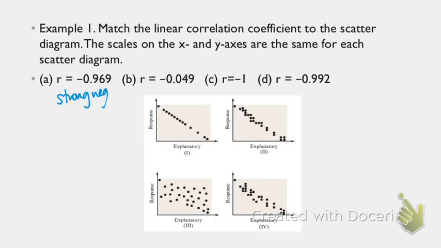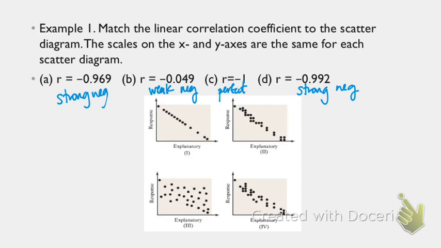B would be weak negative. C is perfect. And then D is strong negative. And is it stronger or less strong than A? A is stronger because it's closer to 1.